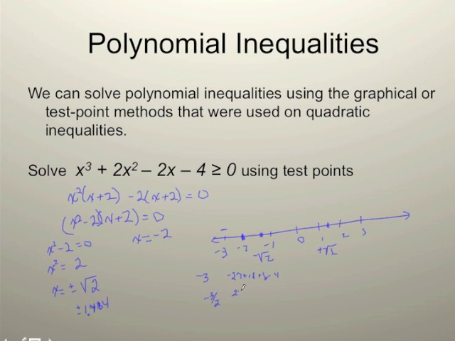I end up with negative 27/8 plus 2 times 9/4 minus 2 times negative 3/2 minus 4. Okay, these will be positive.